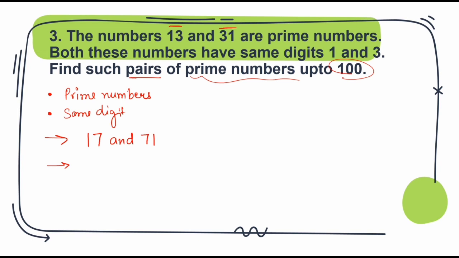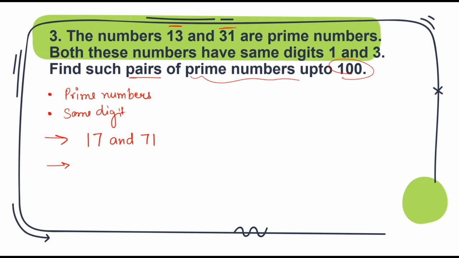Because it comes in the table of 4, then 8, then 2, then in 12, and in many more. So it could not be the correct answer. After 23 there's 24, 25, 26, 27, then 28, 29, 29 is again prime, but if I take opposite 92, it is an even number, it will definitely get divided by 2, so it is not a correct answer.